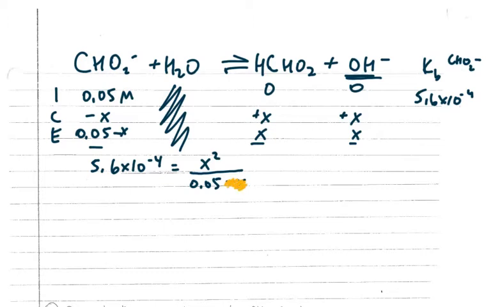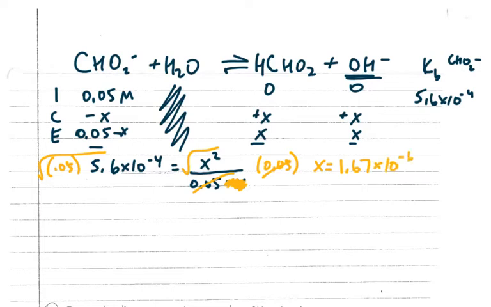We do the math here: 0.05 times 5.6 times 10 to the negative fourth, and then we take the square root of both sides. And we get that X equals 1.67 times 10 to the negative 6.